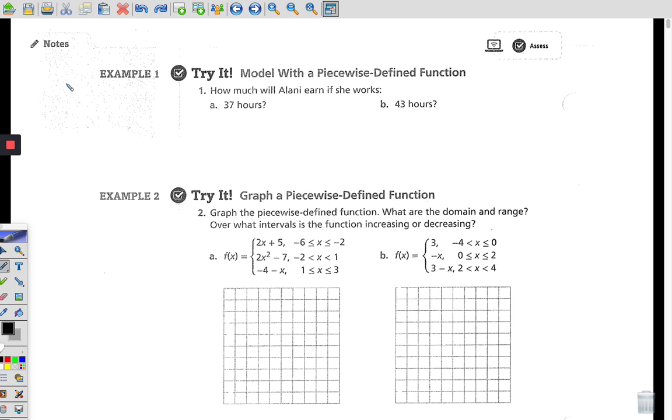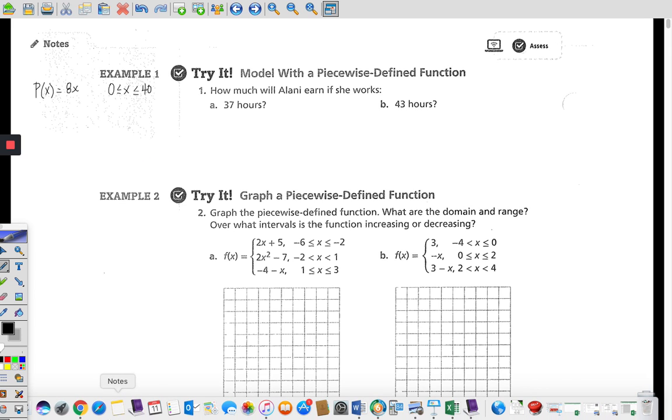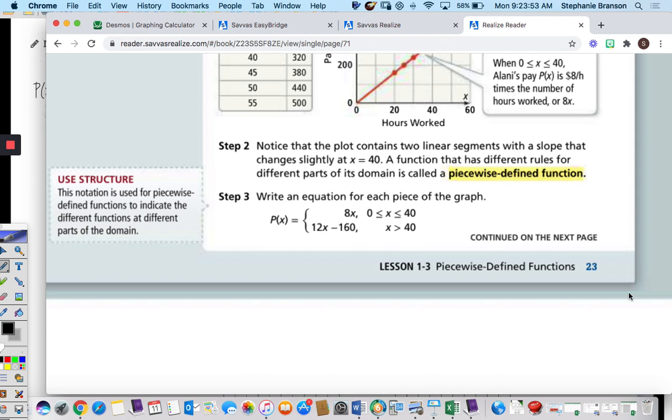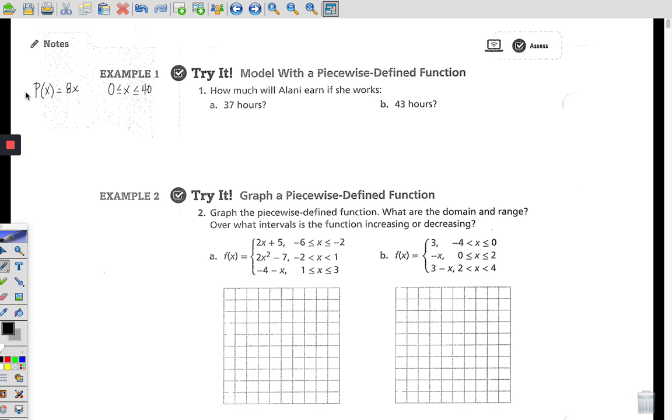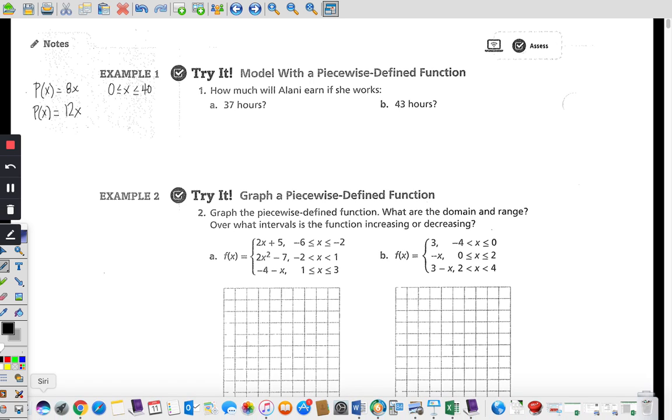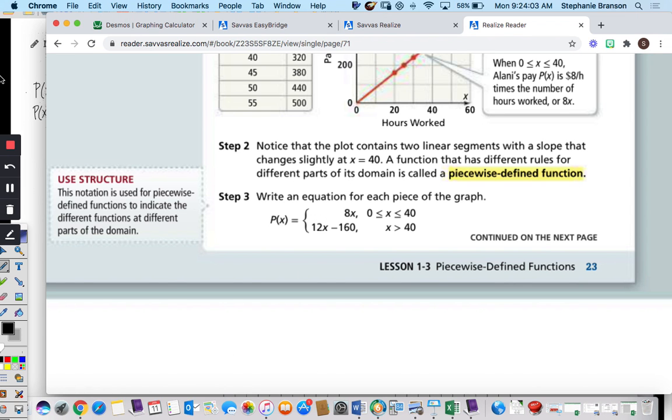Because we've got two different parts, we've got P of x equals 8x if x is between or equal to 0 and 40. We're going to use 12x minus 160 if x is greater than 40.